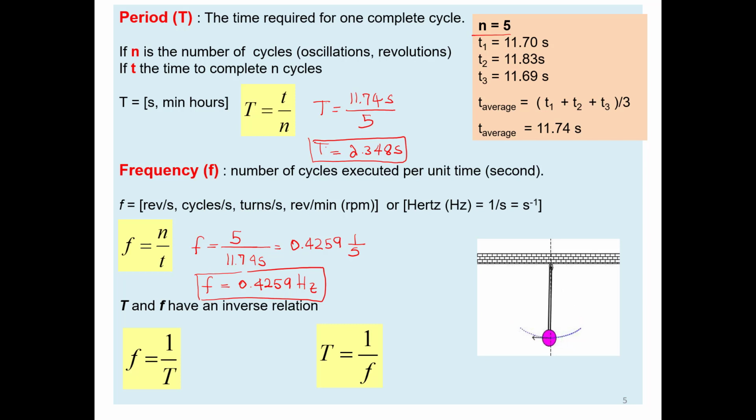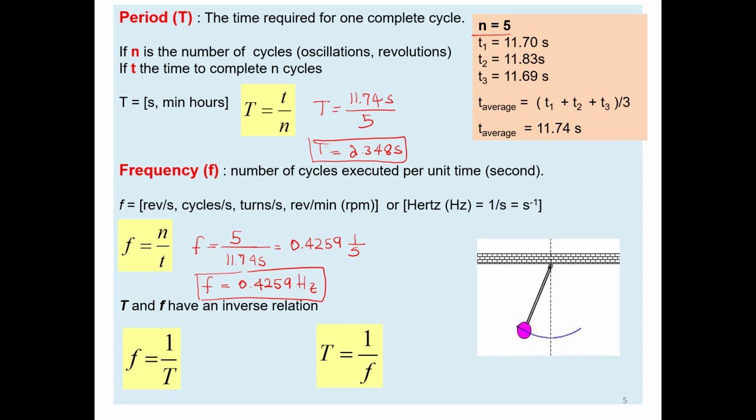This is why if we know the period, we can calculate the frequency by taking the inverse of the period. And also, if we know the frequency, we can calculate the period by taking the inverse of the frequency.